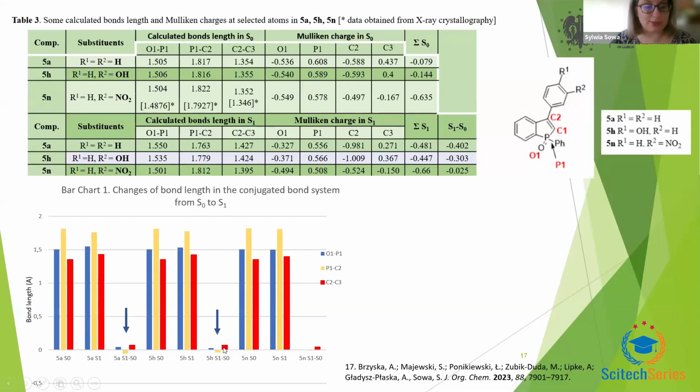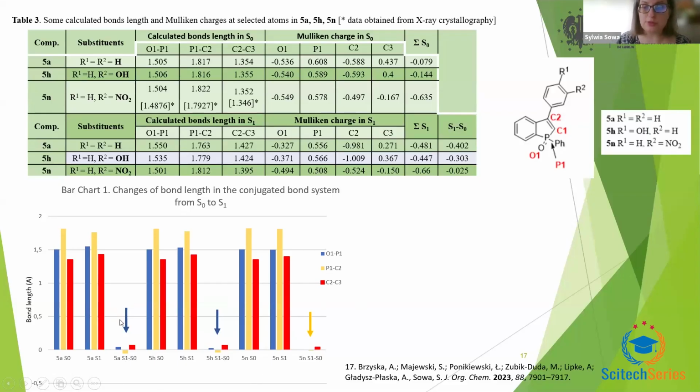Both of the same double bonds are increased. In contrast, the single bond P1-C2 is shortened. When we go to compound 5N, the elongation of only one double bond is significant, in contrast to these two previous compounds.